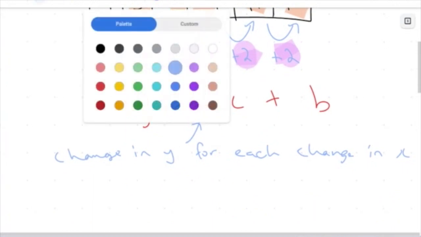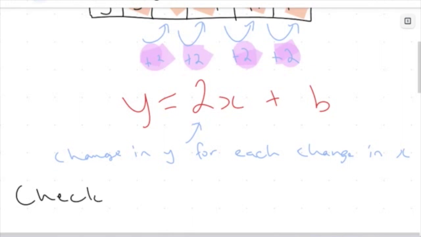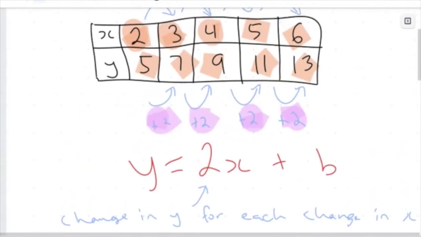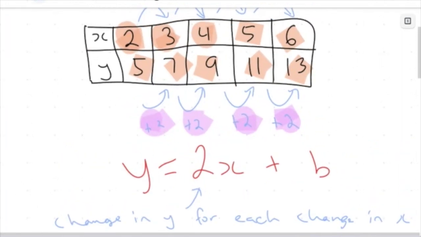And to find this, if you don't see it right off the bat, we can check by saying that all of these values, as we talked about in the last video, all of these numbers, for example, 2 and 5, 3 and 7, 4 and 9, 5 and 11, 6 and 13, these pairs of numbers, they all satisfy this equation.